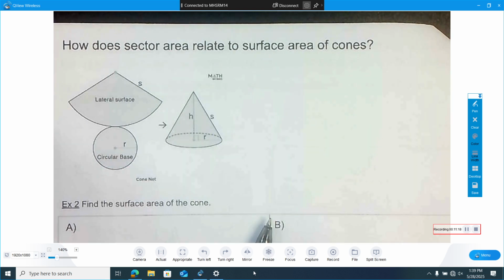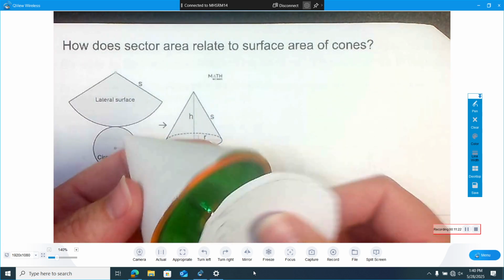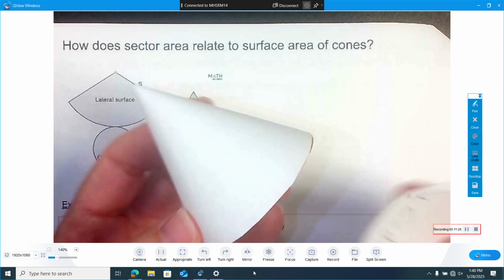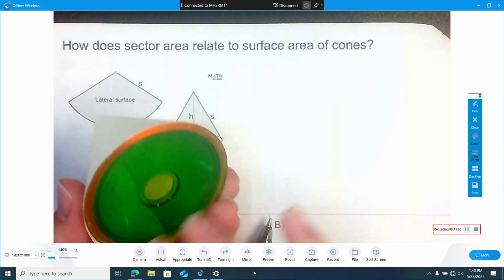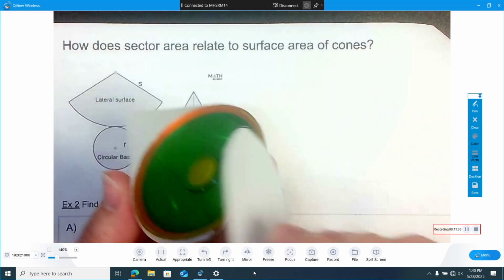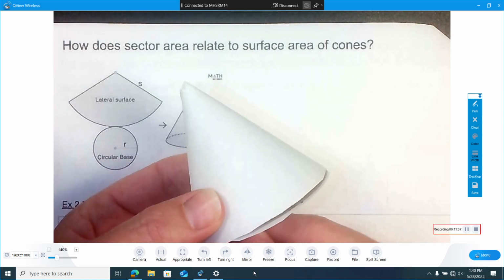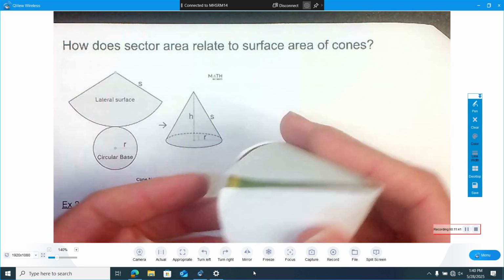So here you see I have my cone, and I've wrapped my little cone in paper, a little paper hat. And of course, surface area is all the surfaces. So we have this bottom surface as well that also has some wrapping paper for it too. So surface area means we want to find how much space all of this wrapping paper takes up.